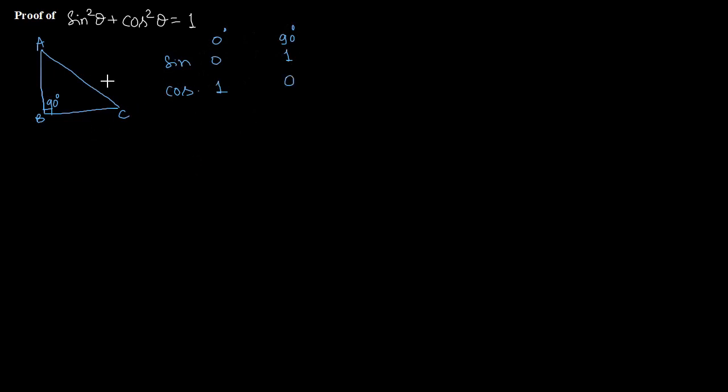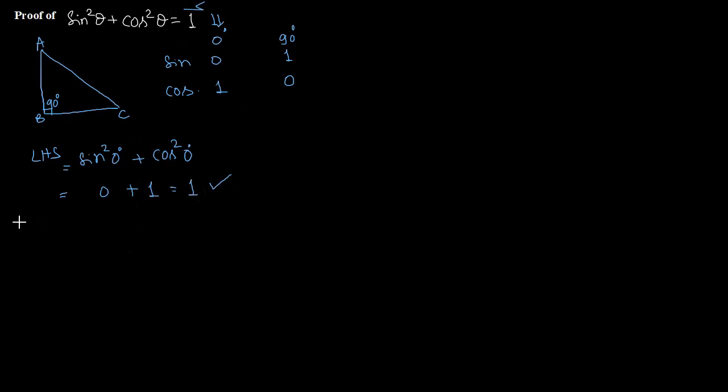So if I take the LHS, sin square theta plus cos square theta, and consider only the 0 angle: sine square 0 plus cos square 0. What is going to happen? Sine 0 is 0, 0 square is 0, plus cos 0 is 1, so 1 square is 1, which is actually going to be 1. So that satisfies my identity.